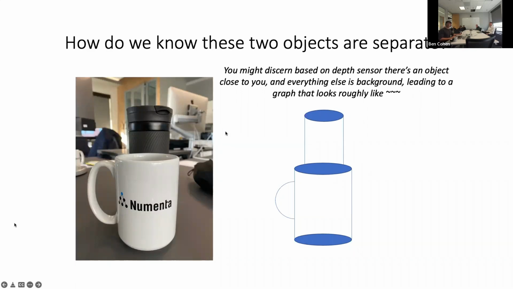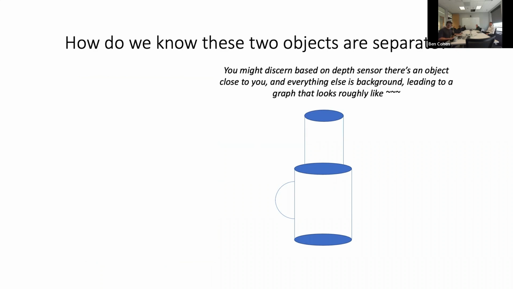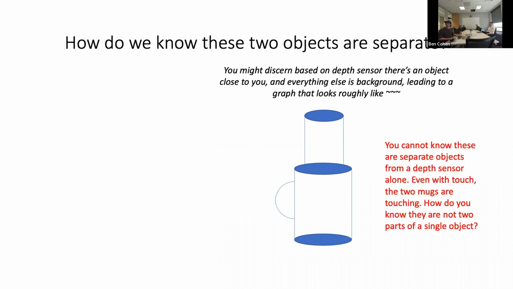But using a depth sensor or even a touch sensor, I could build something that looks like this as a model of my sensory input. And now if we take that real sensory data away and see this from the model eye view, this is what we're left with. So this is my point. I don't think from just this sensory data, you can know that these are 2 objects and not one.